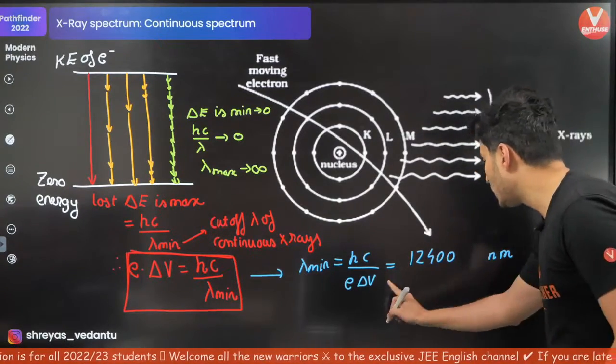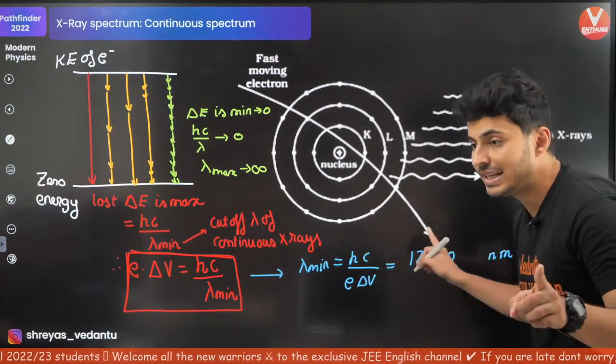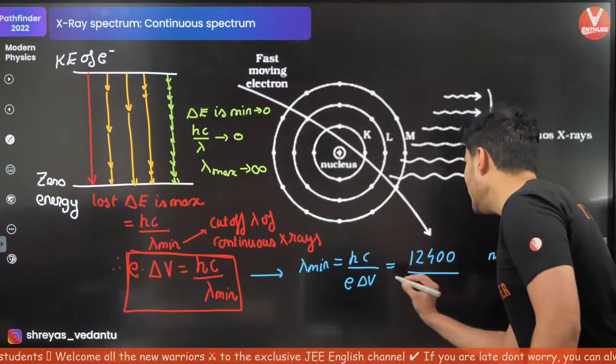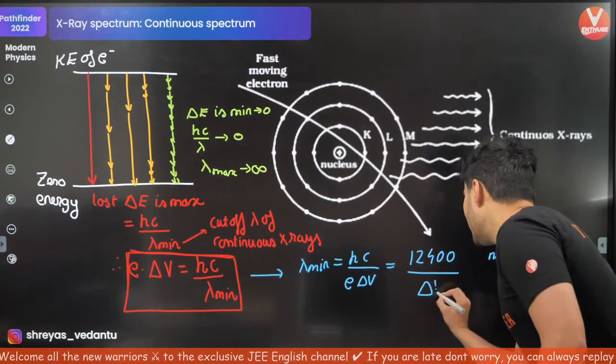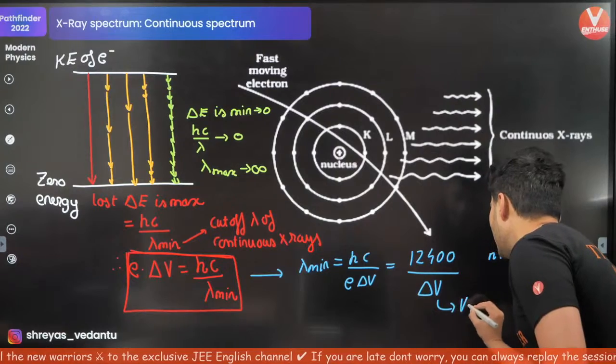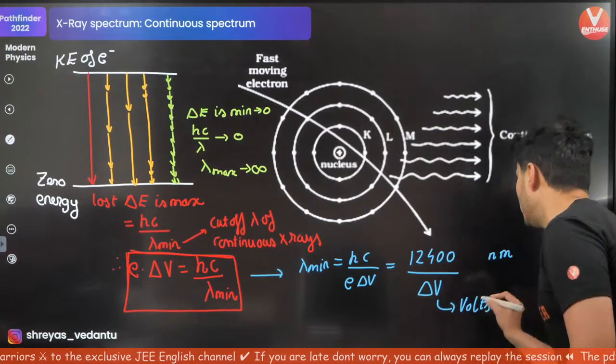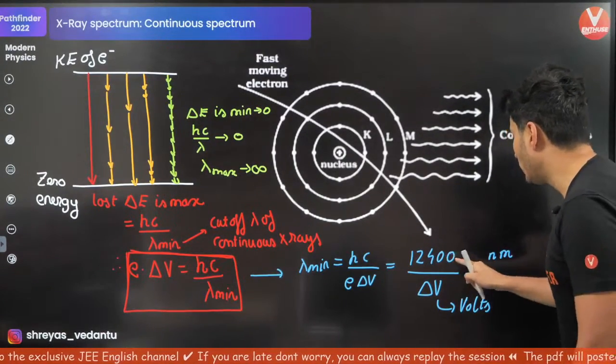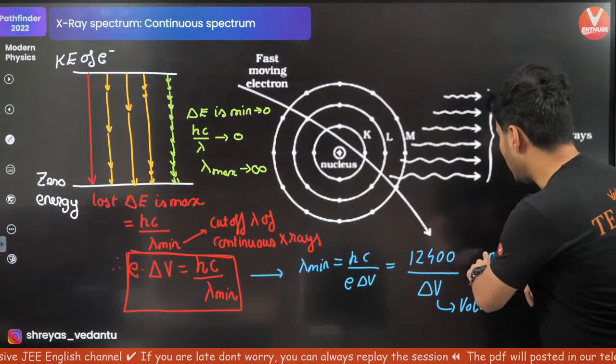So that electron and electron below will cancel, and the only thing left will be delta V. This is supposed to be only in volts. Okay, so if it was 1240, then it is just nanometers.